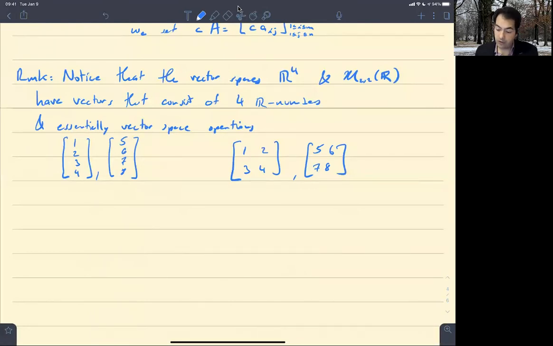And same thing if I were to take one of these vectors 1, 2, 3, 4 and multiply it by 17, I'm going to get the same 4 numbers as if I start with the matrix 1, 2, 3, 4 and then multiply that by 17. So this is a phenomenon that we'll talk more about later.